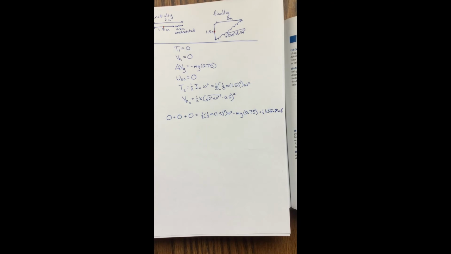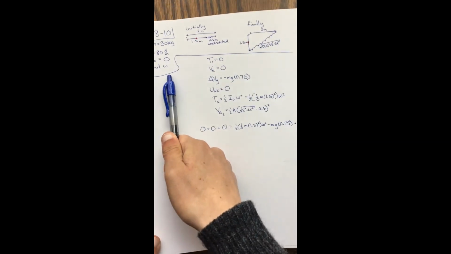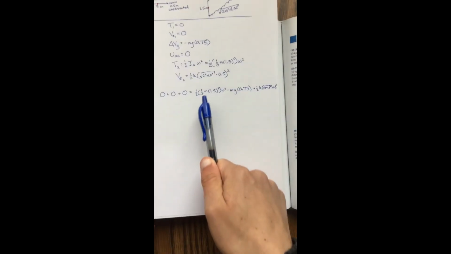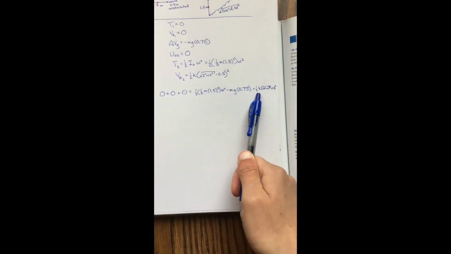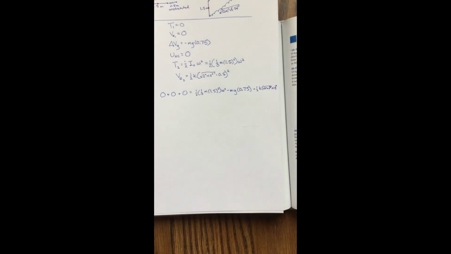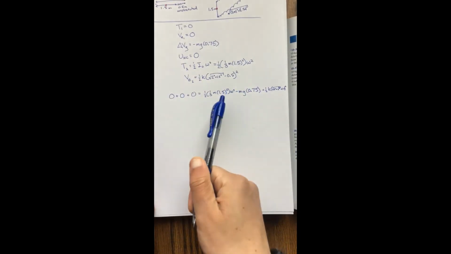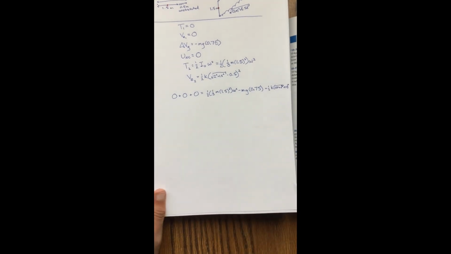Okay, now we are looking for the final angular velocity. I know what the mass is, I know what k is, so if I put in 30 kilograms for the mass and 80 newtons per meter for k, then I can solve for omega. So omega is in this term here, so I can bring these two terms over to the other side.